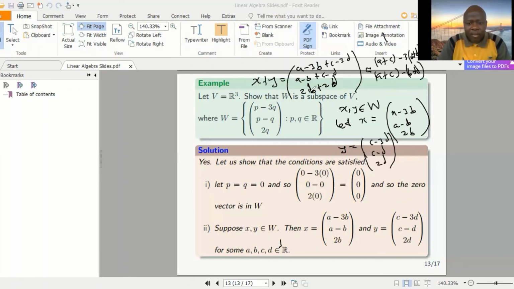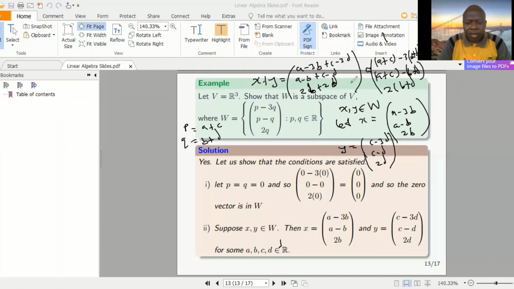And this other one is just 2 into b plus d. So then what you notice is that this new vector is in the format that we want. In this case, my p is just a plus c, and my q is just b plus d.